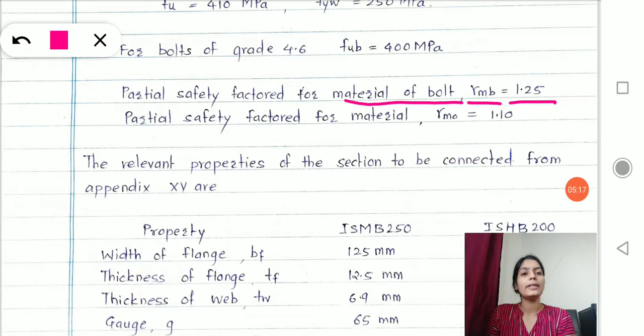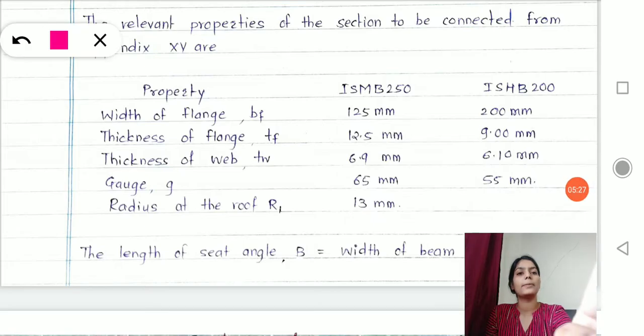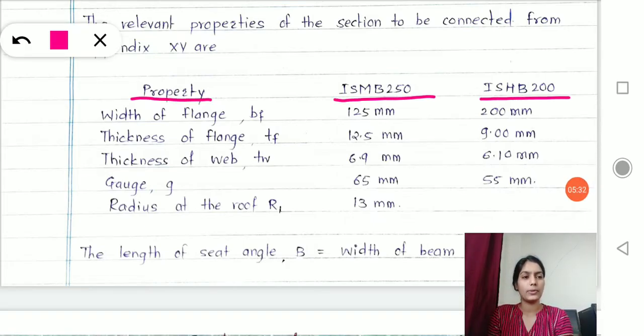Now I am enlisting the specific properties of these two I sections. You have to follow the similar way how I did over here. First enlist the general properties of the material, then the specific properties of your section.